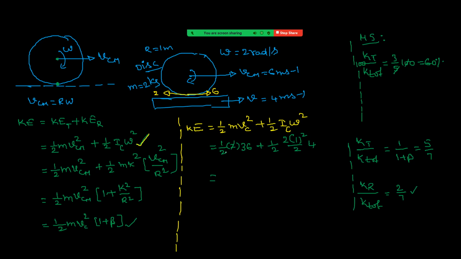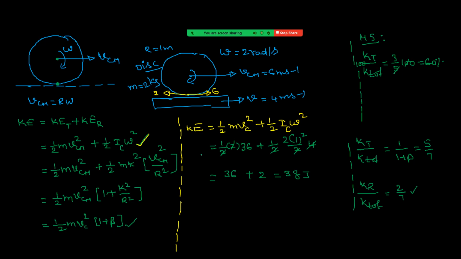Now see the value. It is 36 plus, here 2 to 4, 4 gets cancelled, remaining is 2. Total is now 38 joule. So like this, we can calculate kinetic energy. Using the earlier kind of formula is not possible in this case. We have to take separately, right?